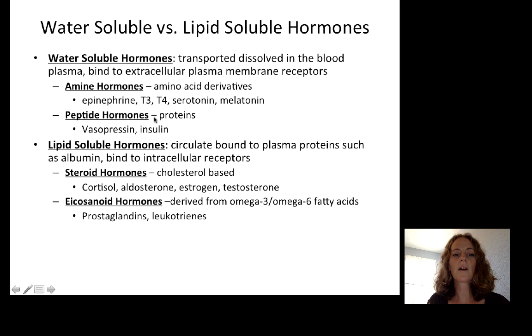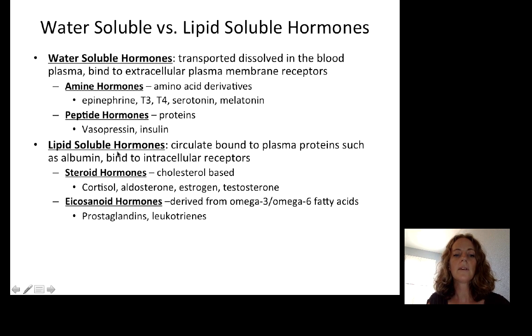Peptide hormones, which are small proteins. Some examples of peptide hormones are vasopressin and insulin. Because they're water-soluble, they will be dissolved in the blood plasma, which is mostly water, and they will bind to extracellular plasma membrane receptors. So they're going to bind to the outside of the cell because they can't get inside the cell.